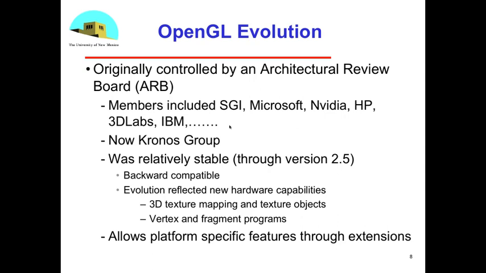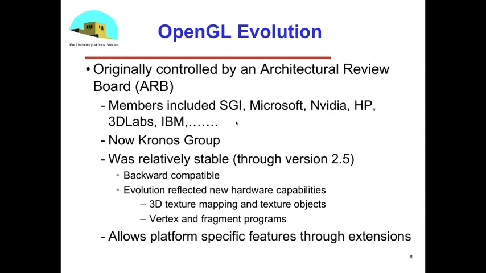The gamers always wanted to get at the latest hardware, and so DirectX would respond to support that, while during this period, let's say in the 90s and the early 2000s, OpenGL really appealed more to the scientific and engineering community, which really valued stability in the standard.